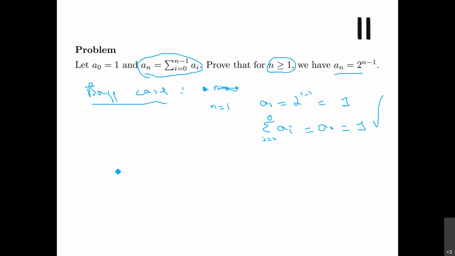Inductive step, it's true for n. I think we're only going to need n. Prove for n plus 1. So summation from i equals 0 to n, so it was n minus 1.